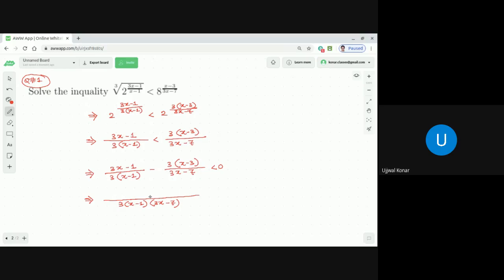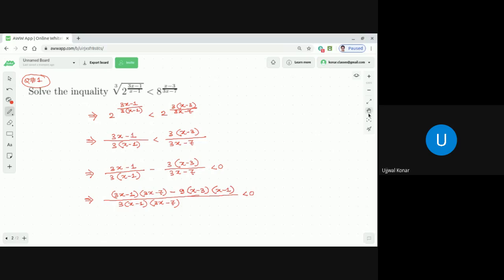Then in the numerator we get (3x minus 1) into (3x minus 7) minus 3 into (x minus 3), so we can write 9 here, by the way: 9 into (x minus 3) into (x minus 1). That is less than 0. Clear or not clear?